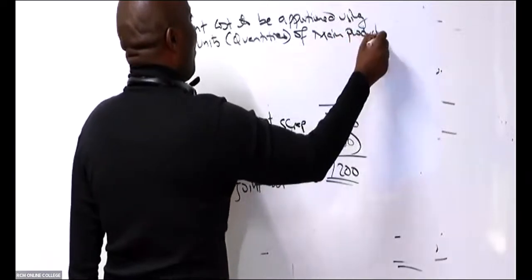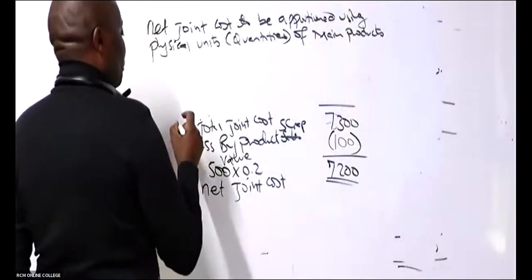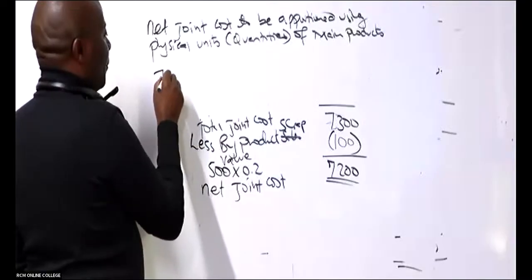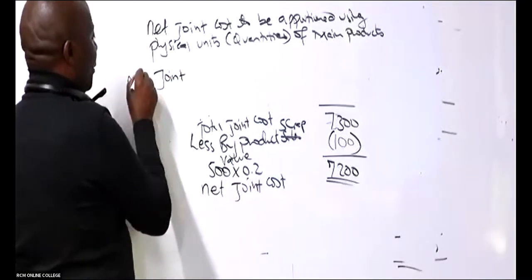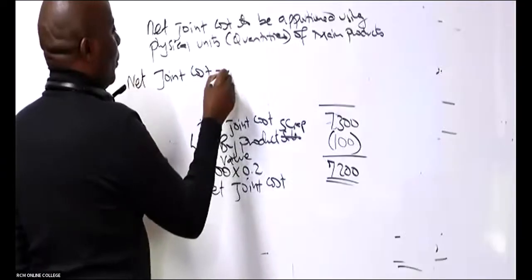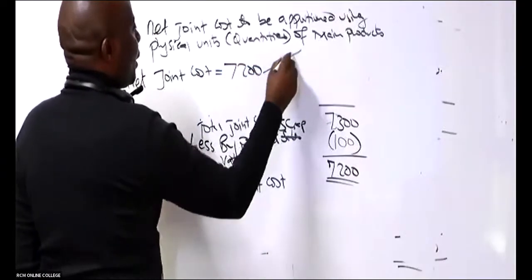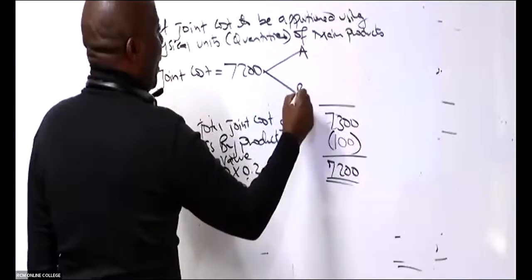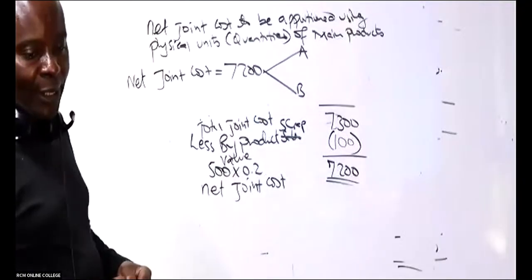Don't use byproducts. So we have our net joint cost, which is 7,200. We have two main products, A and B.